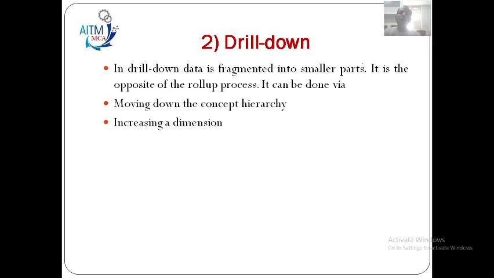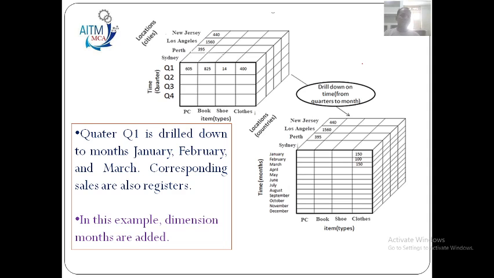We move down and see the details. Otherwise, we increase the number of dimensions and see the details. In roll up, we move up the concept and reduce the dimensions. Here we are increasing the dimensions. We'll see one example on this.